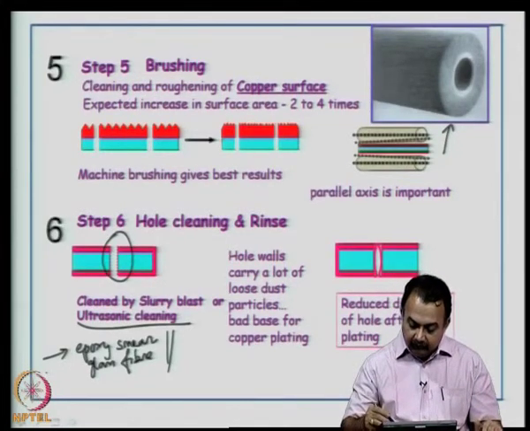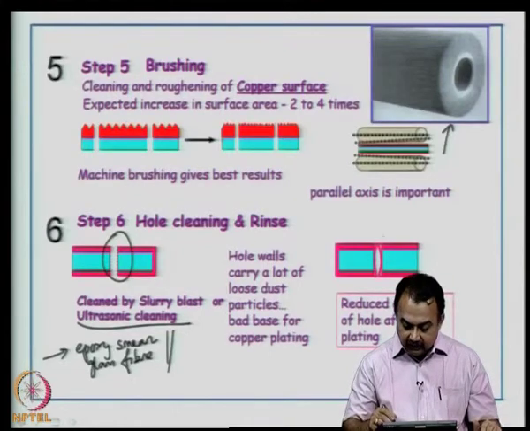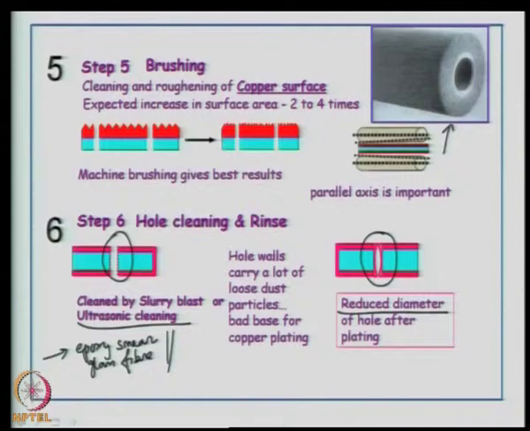Therefore, if you do not clean up, as I said, you will get a reduced diameter of the hole after plating, because for example, if you have drilled, let us say, a 0.6 mm hole, and if you have not cleaned it, and these debris and fibers etc., after plating will reduce the diameter to, let us say, 0.5 mm.